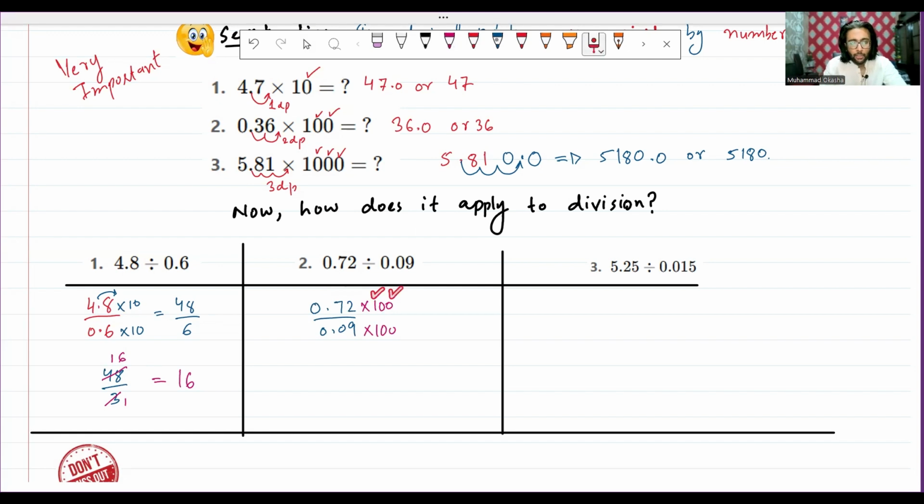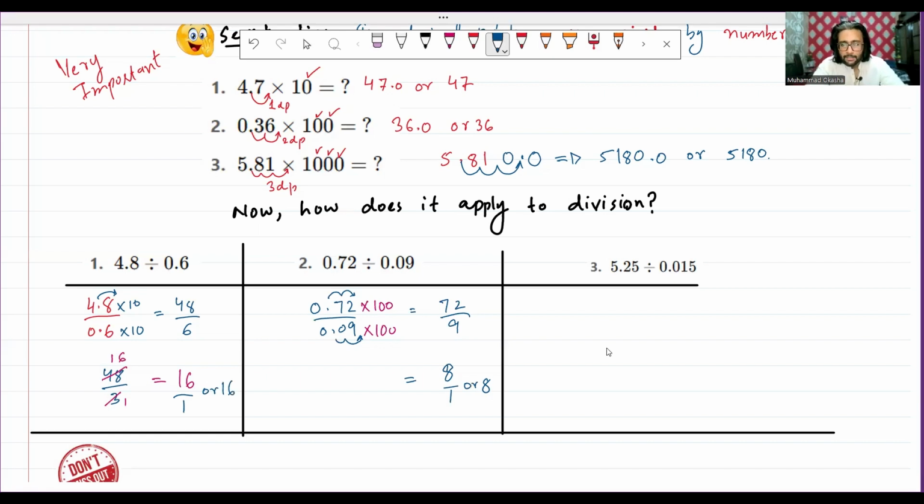I'll move the decimal 2 places forward on both sides. So this will give me 72 divided by 9. 9 eights are 72. So 8 divided by 1, or you can write just 8 as the answer. Over here, also, write it as 16 divided by 1 or just 16.